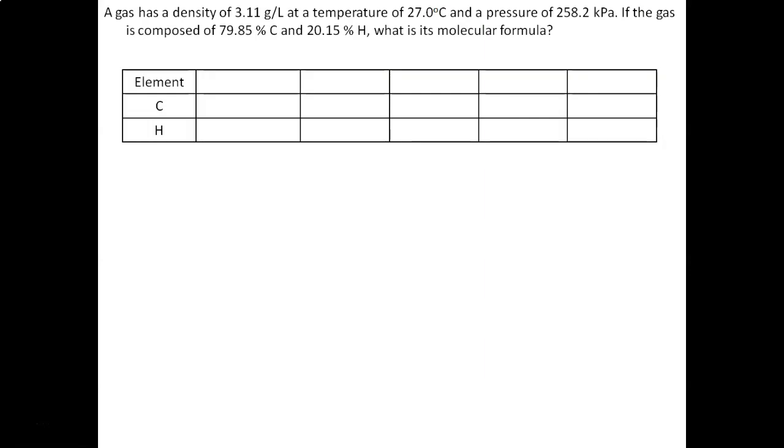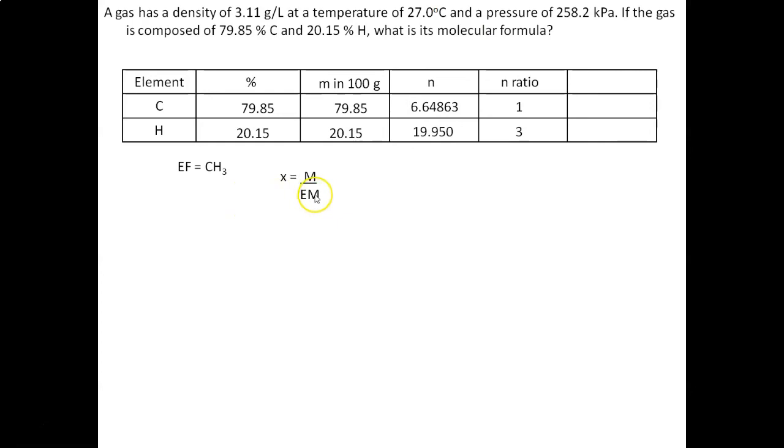Remember when we did empirical formulas, we used a chart where first we listed our elements, then our percents, then we assumed we had 100 grams, so my percentages and masses are equal. I convert that into moles, look for the lowest number of moles, and divide all of my values by that to get my mole ratio. And so now I have an empirical formula, CH3.